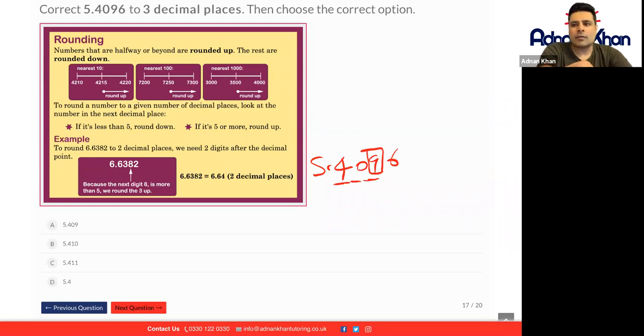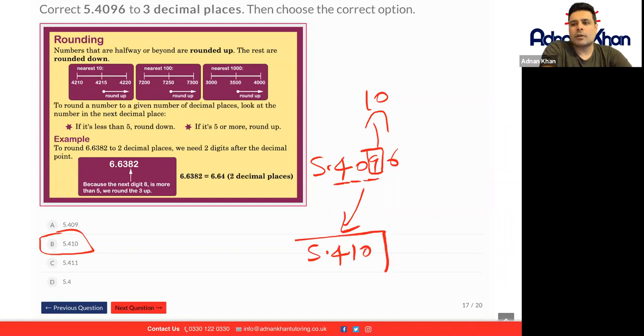And you said that the answer is going to be B, because that 9 then turns into a 10. And that will then turn out to be 5.410. So that 9, we just eliminate the 6 and that 9 just becomes a 10 thereafter. And we have 5.410 as the answer there.